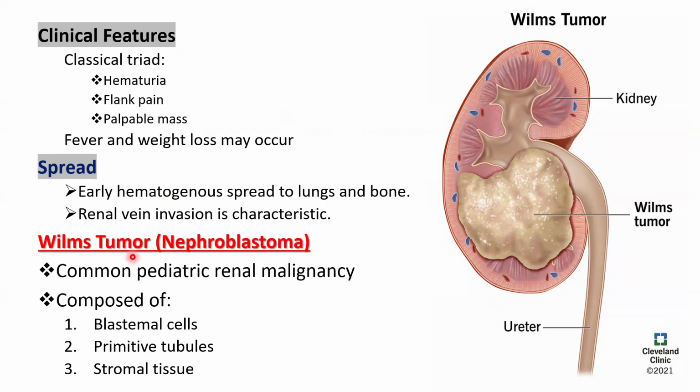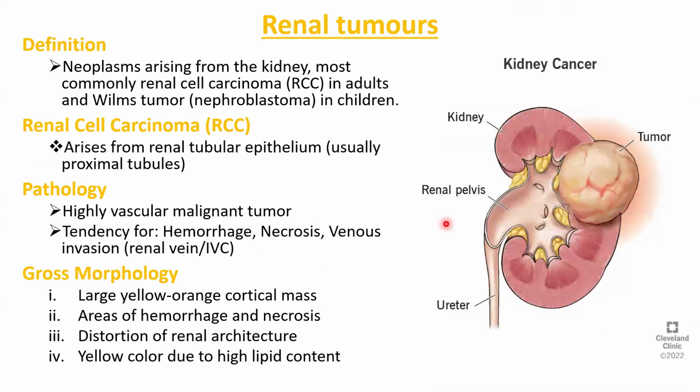For the Wilms tumor, you'll have the nephroblastoma, which is common in children, and is composed of three cell types: blastema cells, primitive tubules, and stromal tissue. The whole point is for us to appreciate these tumors that are present in children. So if you forget anything that I've talked about on these renal tumors, remember we have two types of renal tumors.